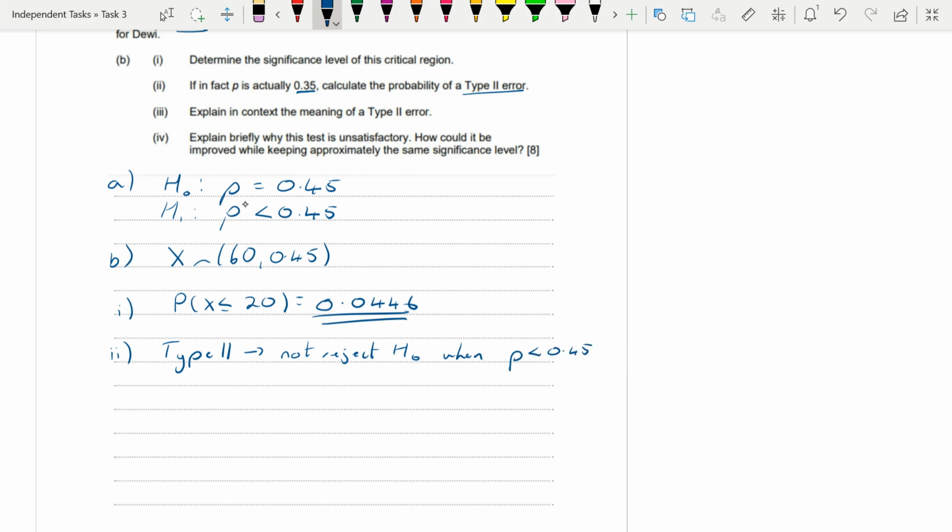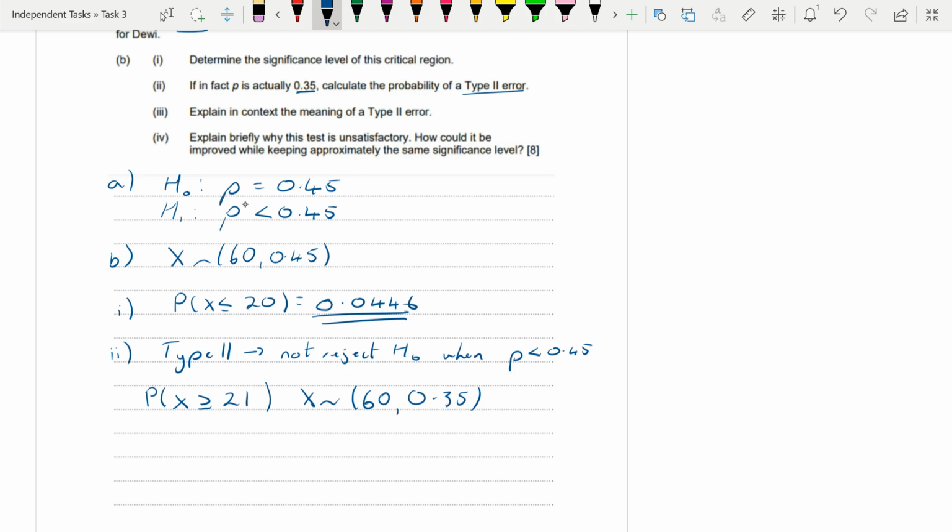So the way we're going to work it out is, I want to find a probability. The point of me rejecting H0 is X being less than or equal to 20. So if I'm not going to reject it, that's X being greater than or equal to 21. But I'm going to use that X is now binomial with 60 and the new probability of 0.35.